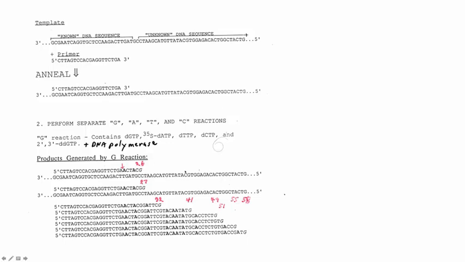But 99% of the time, it's a deoxy G, and then you can continue on to the next G. So again, 1% of the time, a dideoxy G is added, and 99% of the time, it continues on to the next G.